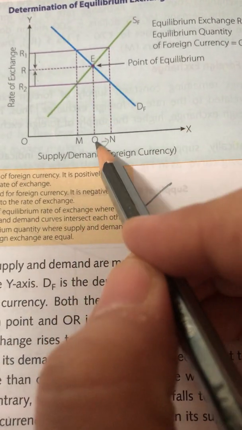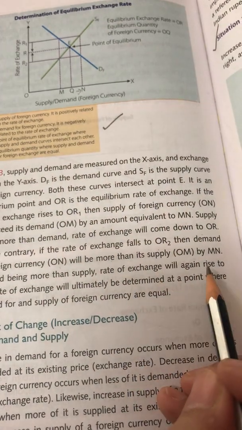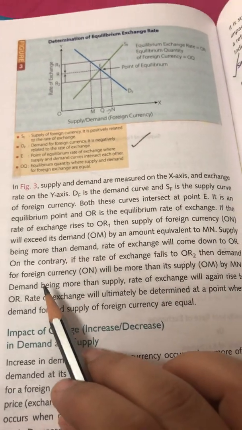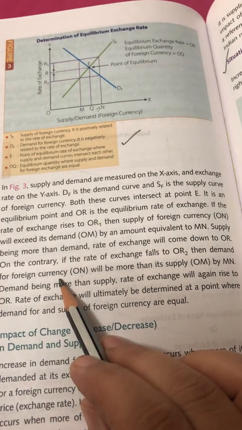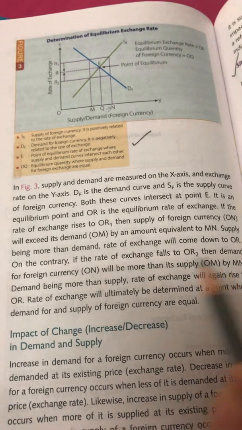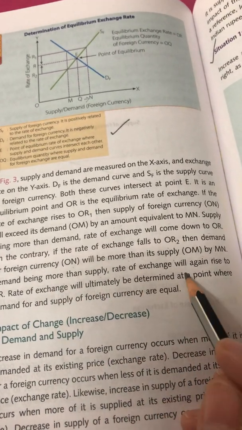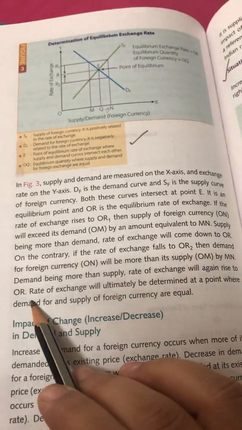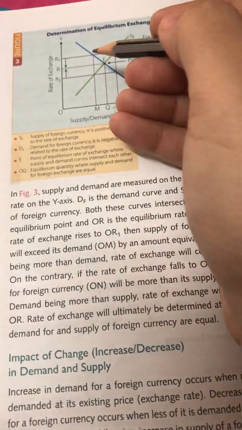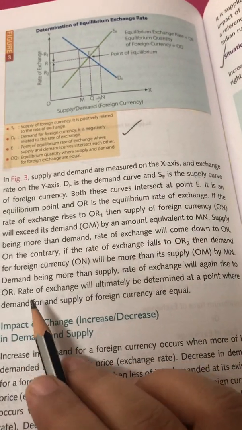OQ was supposed to be the demand. And if the rate of exchange is falling, the demand for foreign currency ON will be more than its supply by MN. Demand being more than supply, the rate of exchange will again rise to OR. If the demand is more and the supply is less, automatically the rate will increase.